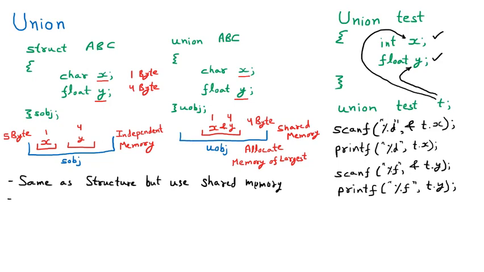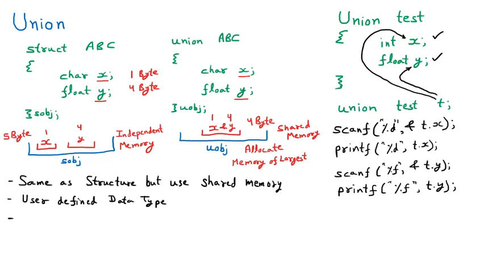Now one more thing, it is same as structure, that means union is a user defined data type. Means you can provide any name to the union, just like I have used union ABC, union test. You can give your name, union Ankit, it is totally up to you.